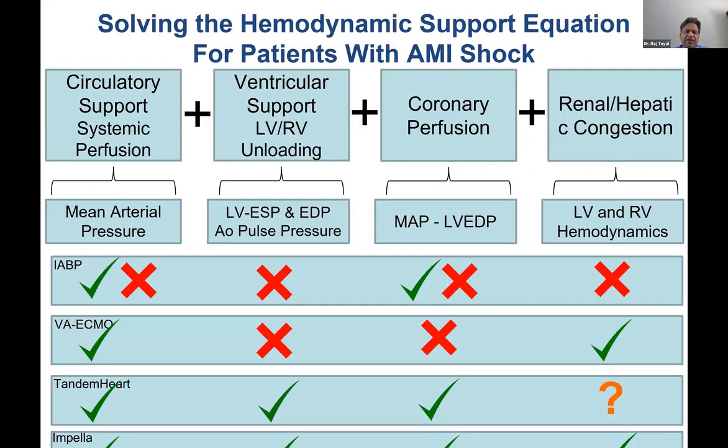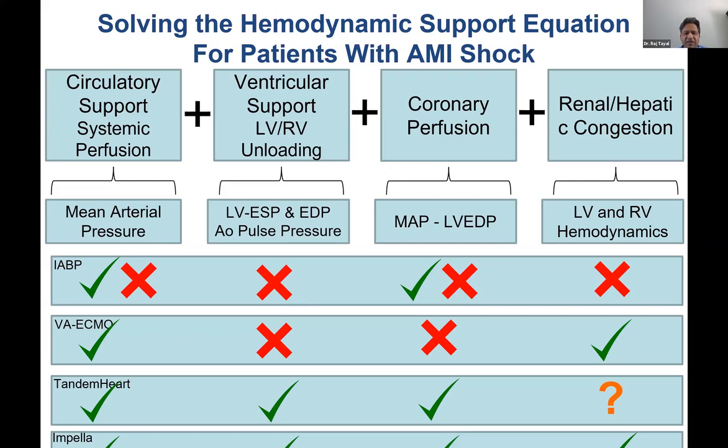So this is a nice summary for looking at the appropriate device for the appropriate patient, matching the patient to the presentation, and some of the benefits of what IABP does versus ECMO versus Tandem Heart or Impella.